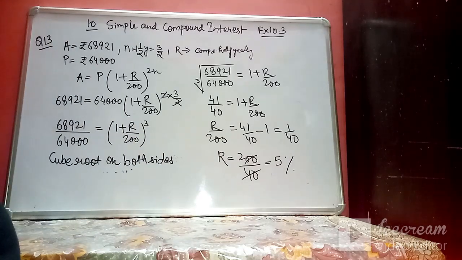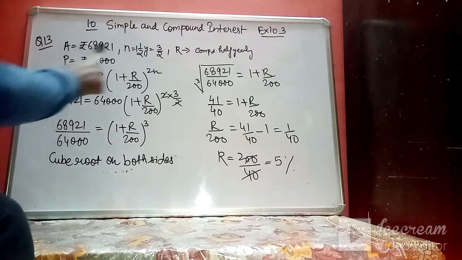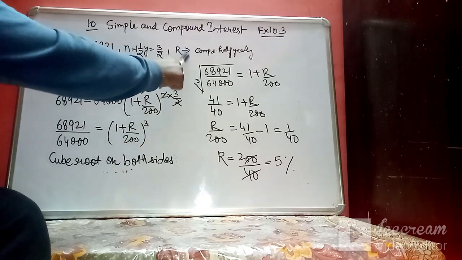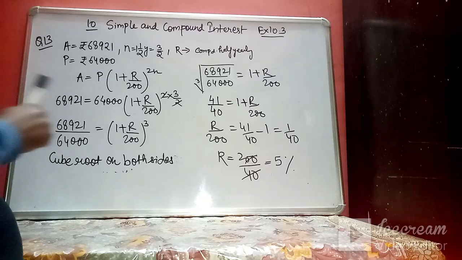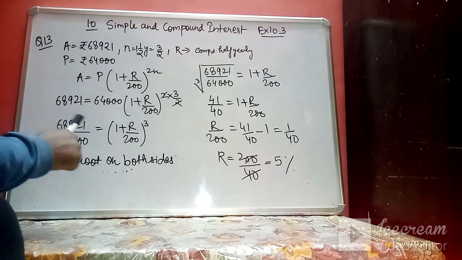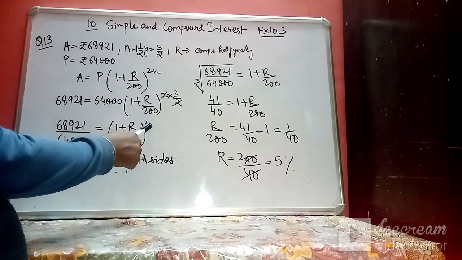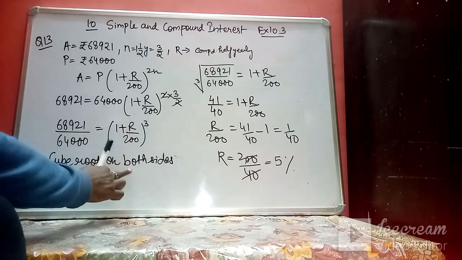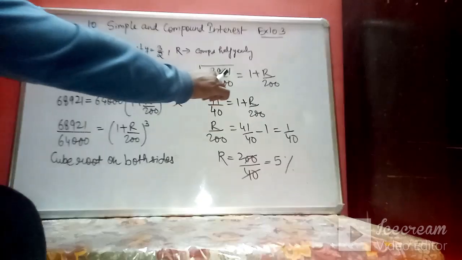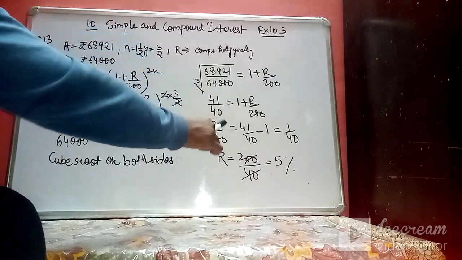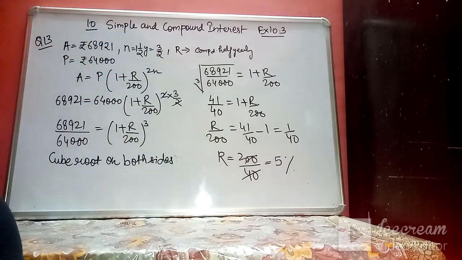So what we have done in this question, amount was given, principal was given, time was given, and rate was compounded half yearly. So we have used the formula of half yearly. Then we got this expression. Then we removed this cube by taking the cube root on both the sides. Then we have taken the cube root of these two, and when we solve we get rate equal to 5%.